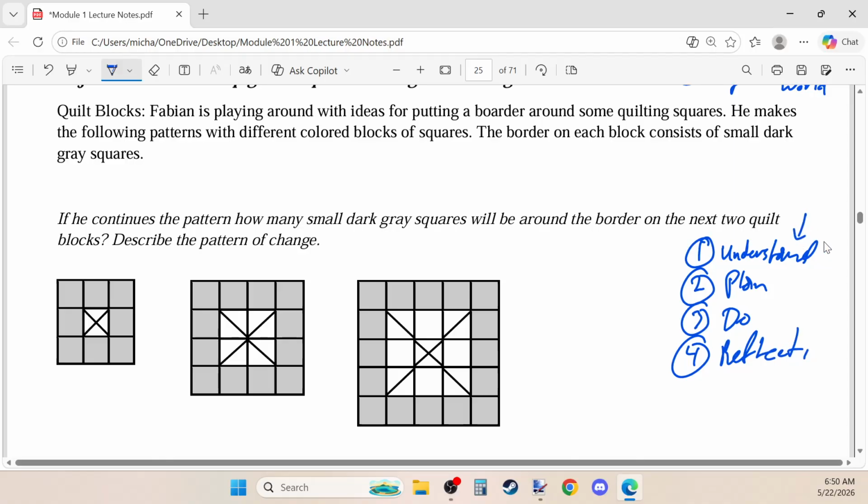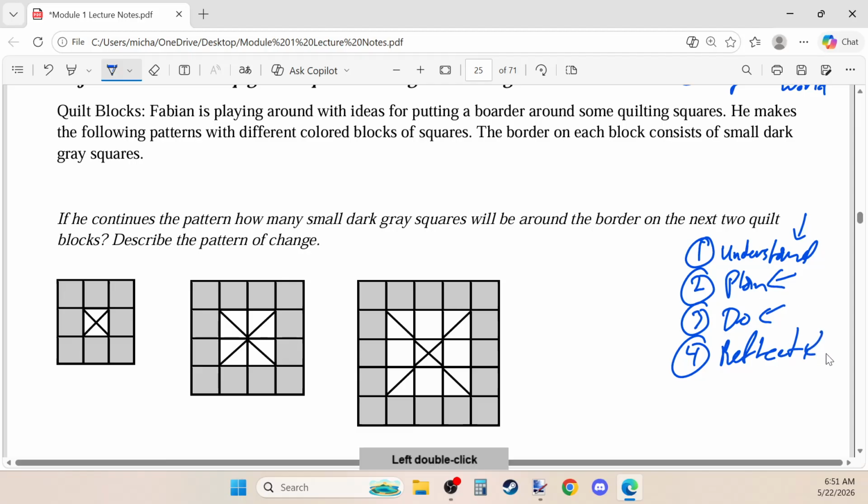We want to figure out what we're trying to solve, like what is the type of answer we're looking for, what's the goal, and then figure out what information we know, what information we need, and how do we find the information that we need? What methods are we going to use to find that information? Planning is putting all the pieces together and saying, if I do this, I will get a solution. Doing is all of the calculations that come from the plan.